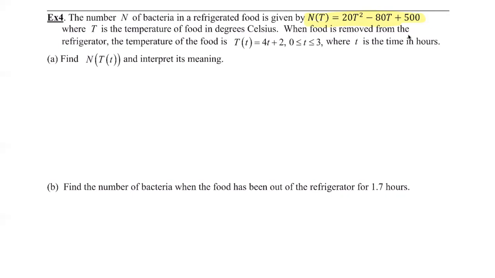It also provides a domain restriction: t has to be between 0 and 3. That's the domain of the small t. We're just observing the sample from 0 hours to 3 hours.